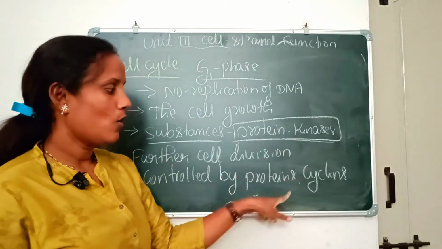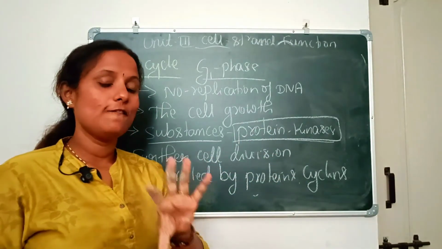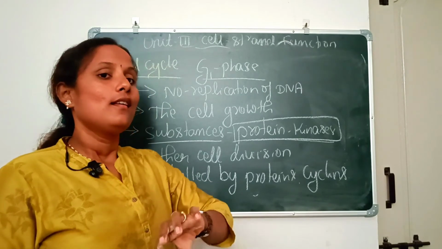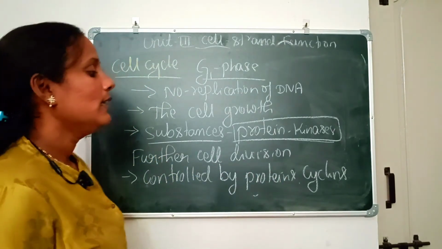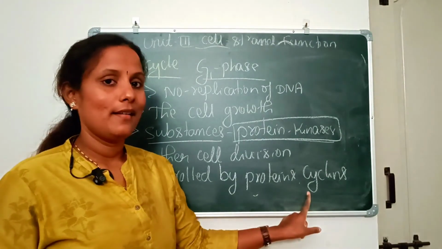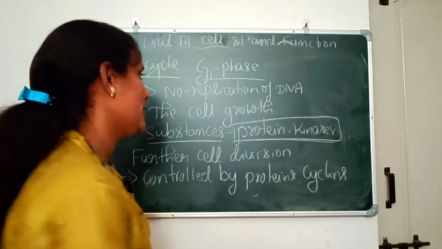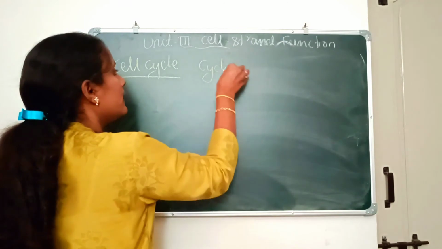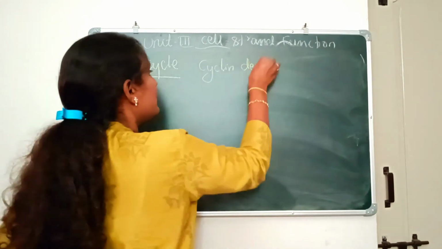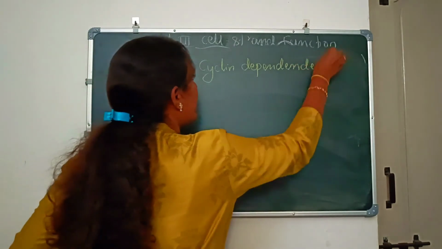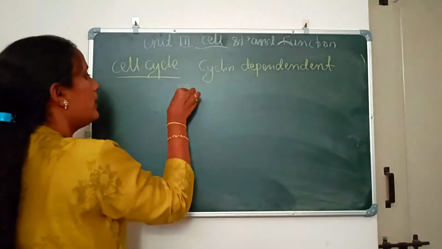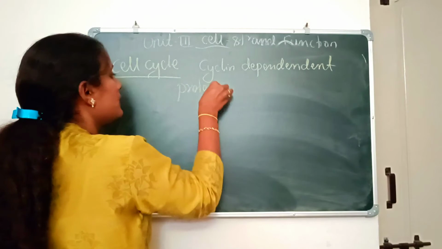So the substances which are controlling the cell division are called cyclin dependent protein kinases.